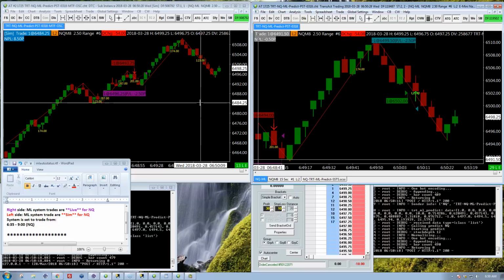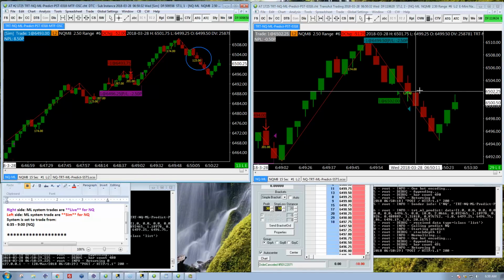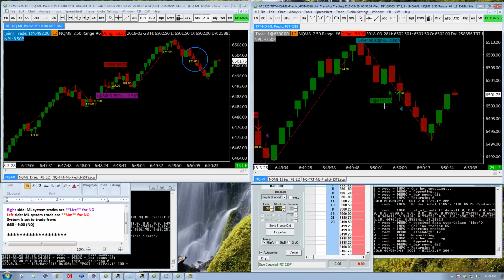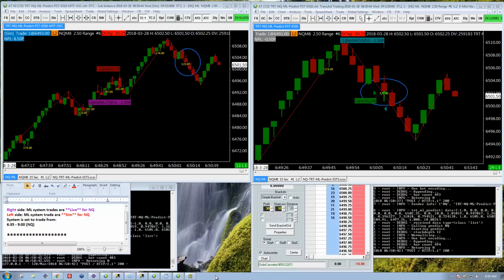Okay, you'll notice too that this side did not allow that trade, whereas here it did. This is kind of what I'm evaluating. And I gotta kill this other. I think it's that one here.